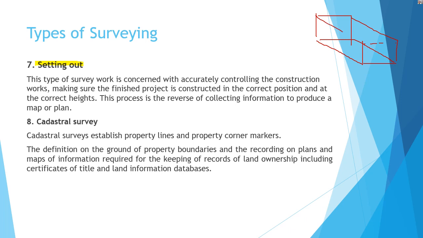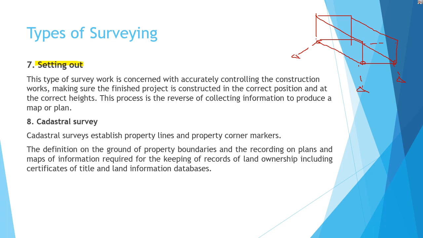Then you will need to use the instruments to determine exactly the length, the width, the height of the building, and you need to relate these points to control points here to make sure that you have built the buildings here in the right position.